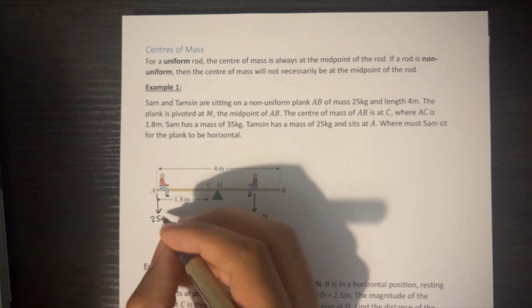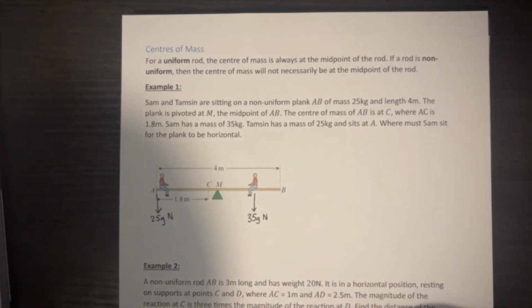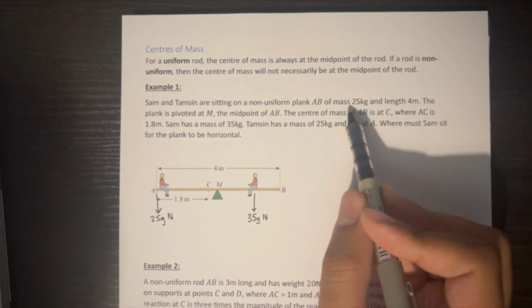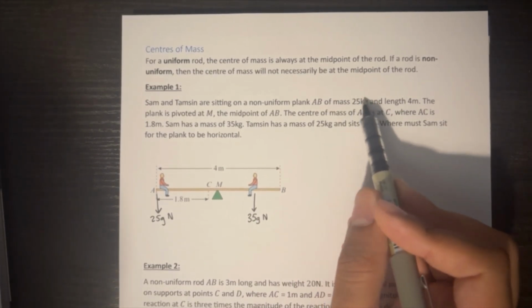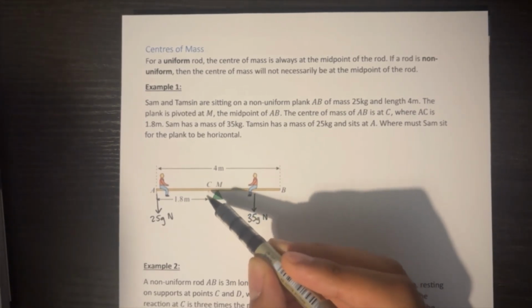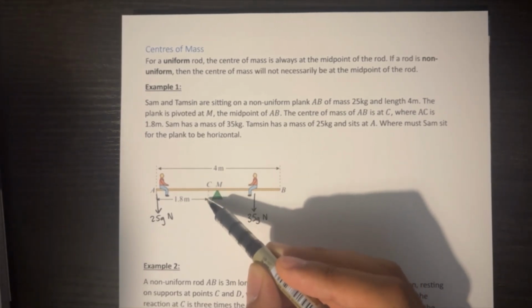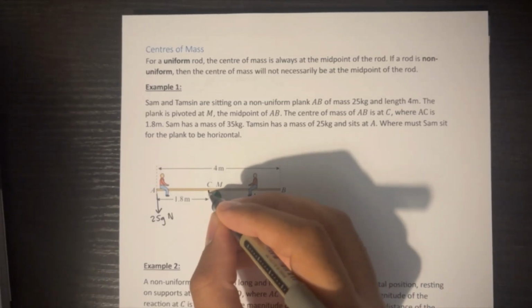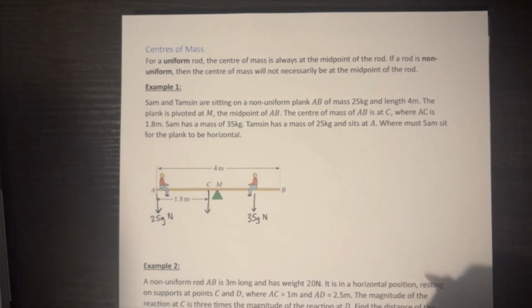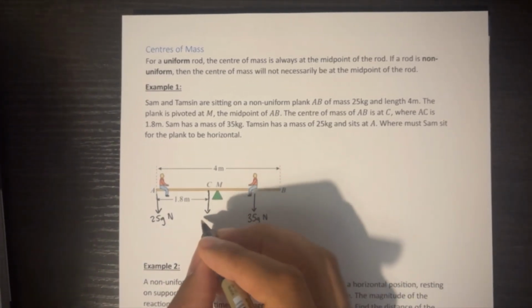These are in newtons. We also have the mass of the plank, which is 25 kilograms. Rather than acting through the midpoint, we were told that the centre of mass is at C. So that weight is going to act through the centre of mass, and that is also going to be 25g.